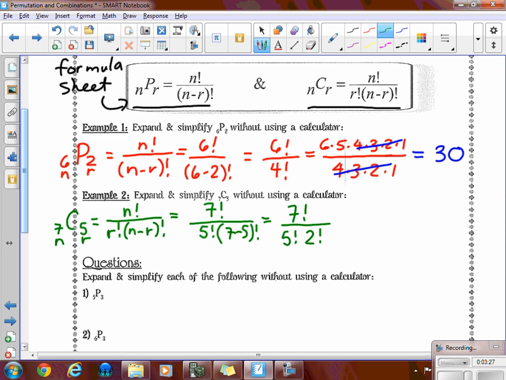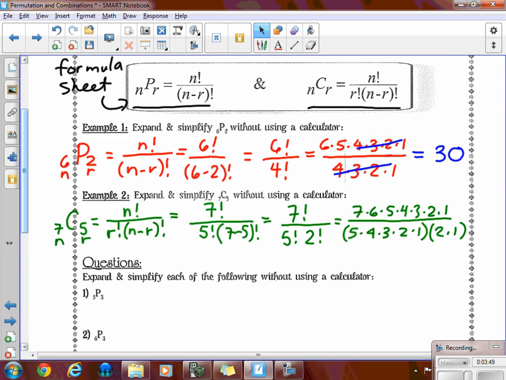We could use our calculator to figure out all these factorials, or we could look at the whole concept of a factorial and realize the numerator, 7 times 6 times 5, 4, 3, 2, 1, all over top of 5, 4, 3, 2, 1, and 2 factorial is 2 times 1.